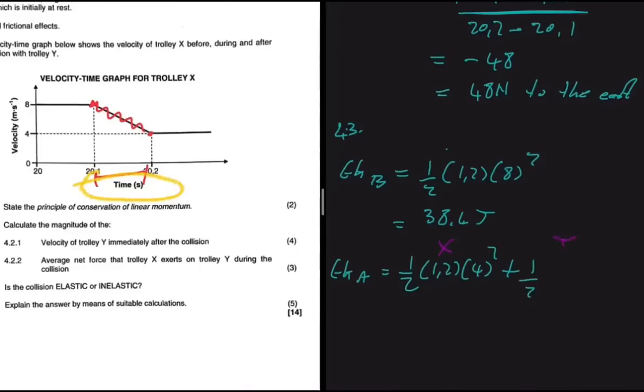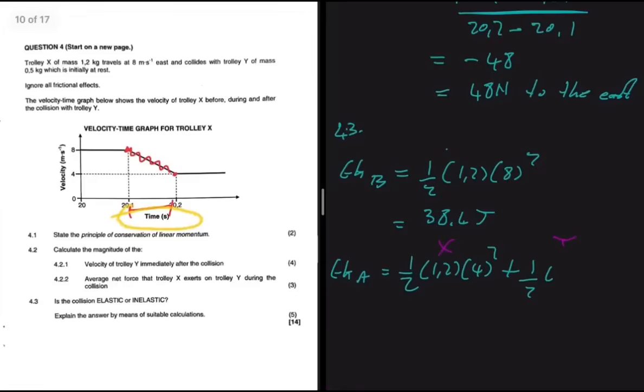We have the mass, which is, again, the mass is 0.5. So we have 0.5 multiplied by the velocity which we calculated, 9.6, and then we square that. Let me just put that in my calculator real quick and see what I get.